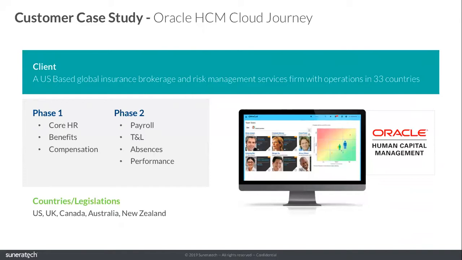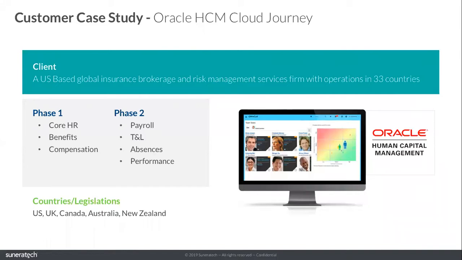Okay, great. Thank you, Floyd. So let me get started on the customer case study. A customer, it's a US-based global insurance brokerage customer which operates in 33 countries. They have undertaken their cloud journey last year.